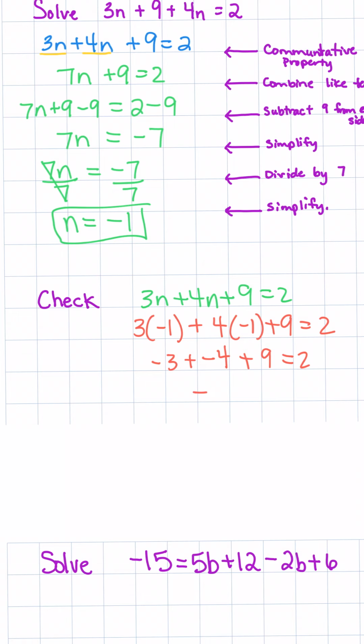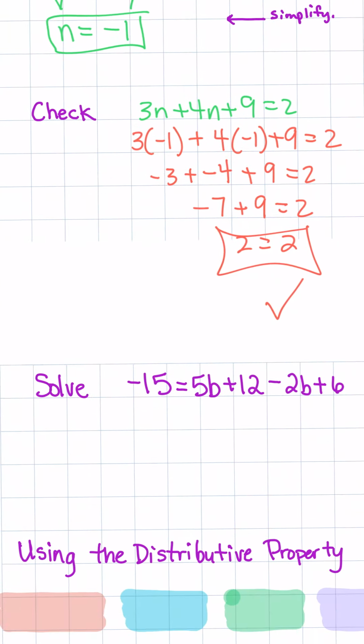Combine the first two: negative 7 plus 9 equals 2. Negative 7 plus 9 is equal to 2. 2 does in fact equal 2. That is correct.